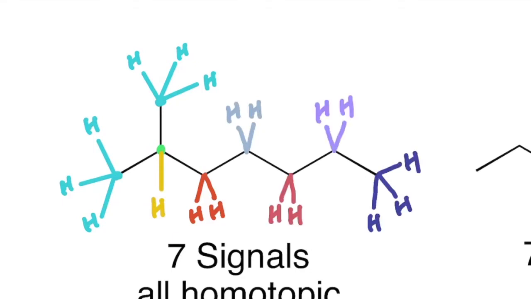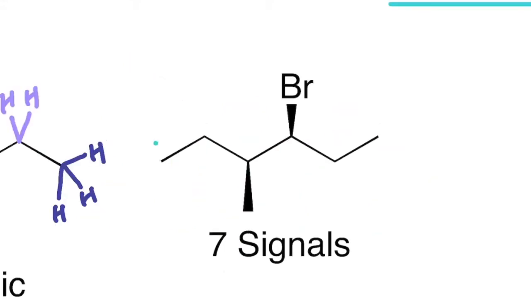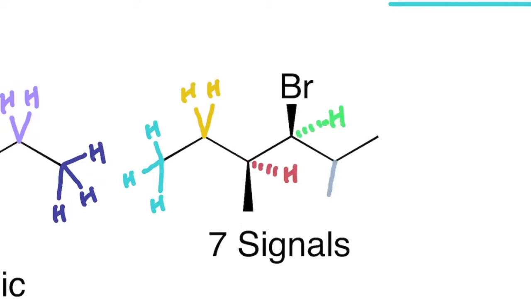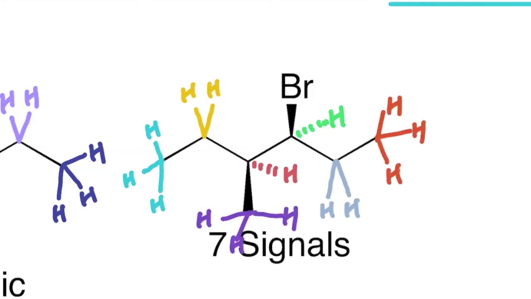So there are 7 different signals in total because there are 7 different chemical environments. Here, 3 hydrogens; here, 2 hydrogens. Hydrogens in the same color are chemical equivalents. There is also a hidden hydrogen, which is a dash one. So there are 7 different hydrogen environments in this compound.